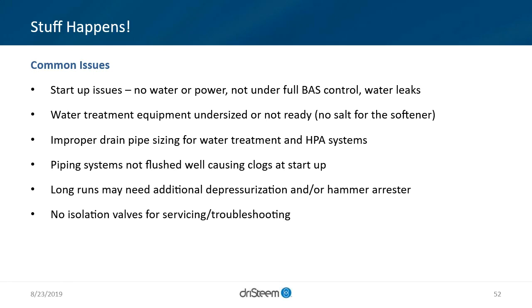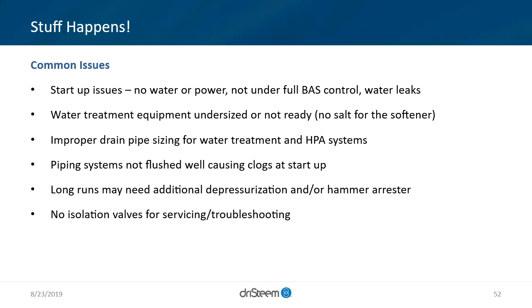Piping systems not flushed, more of an install thing again. When we talk about long runs and additional depressurization, if we have a long run in our dispersion manifold, we're going to have to overcome that pressure. Otherwise, at the end of that line, we might not have 1,000 psi anymore. We might have 800.